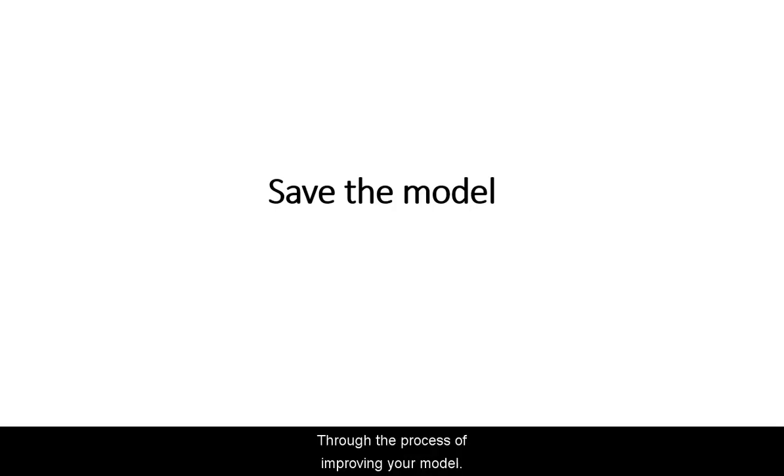So the process of improving your model can go as long as you have the ideas to tweak your model, the resources available, and of course the time available, right?